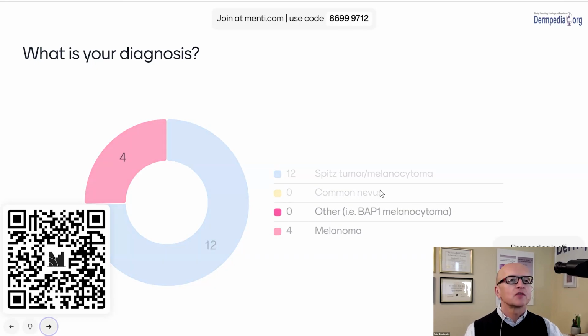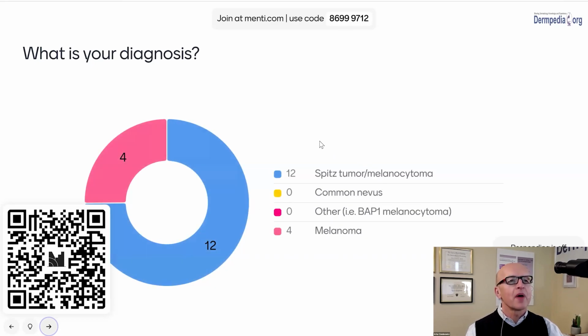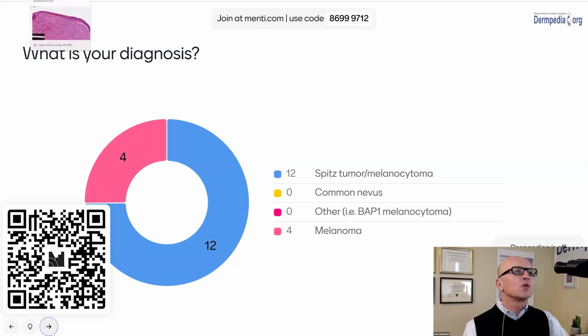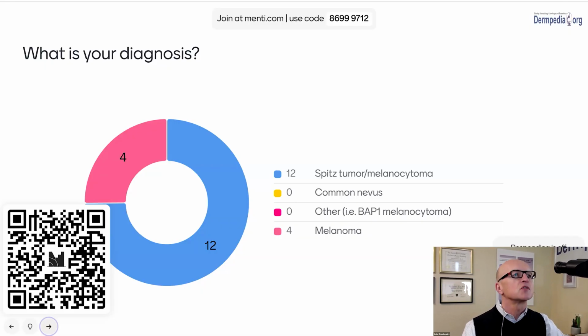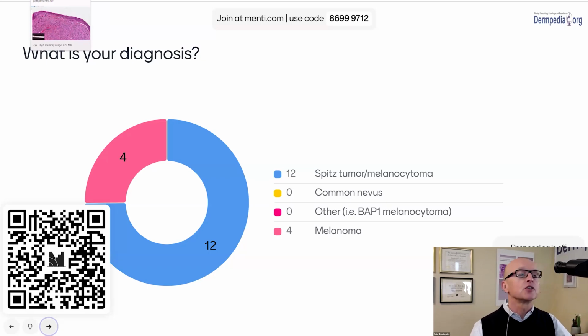So actually, folks, you went back to Spitz tumor, even though this lesion is BRAF V600E mutated, right? In this category, we don't think that Spitz tumors are allowed to be BRAF V600E mutated, right? Because that is a different lineage.